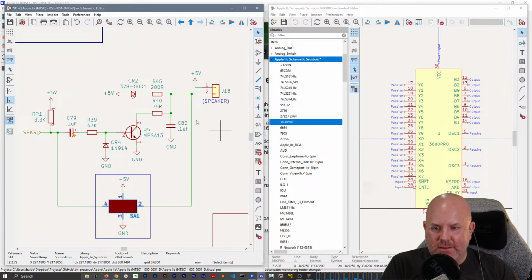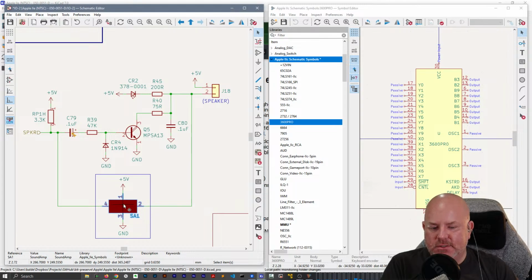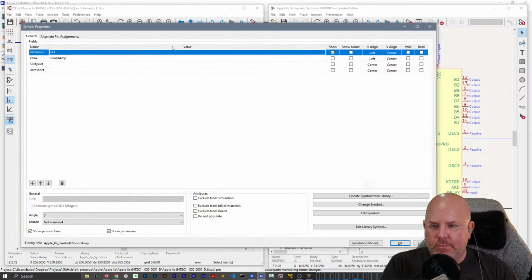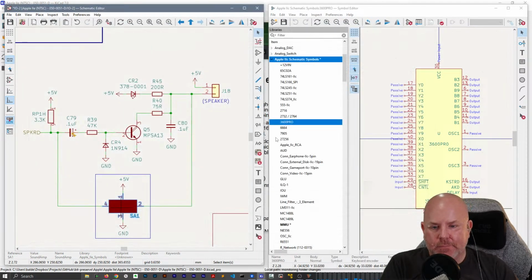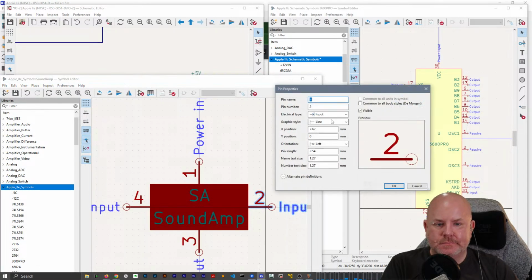I think the way this works is... yeah, okay, never mind. This is not an oscillator. This was a filter, and this filter is not even populated on the 2E. But that, okay, doesn't matter. 4 is an input, 2 is the output.